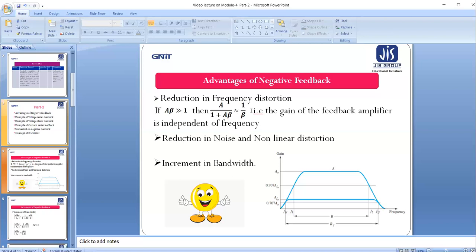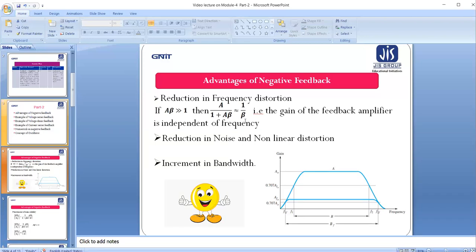If we look into the expression, there is no such term of A, the amplifier circuit. As there is an absence of A, it will not depend on the frequency. That means the total system gain will be the inverse of the feedback ratio or the feedback factor, so it will be somehow independent of the frequency.